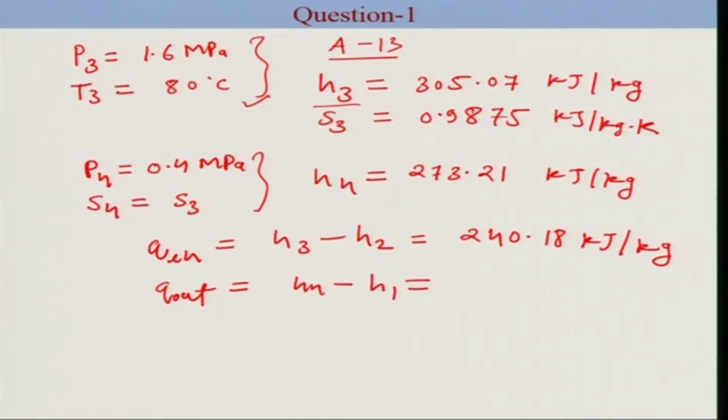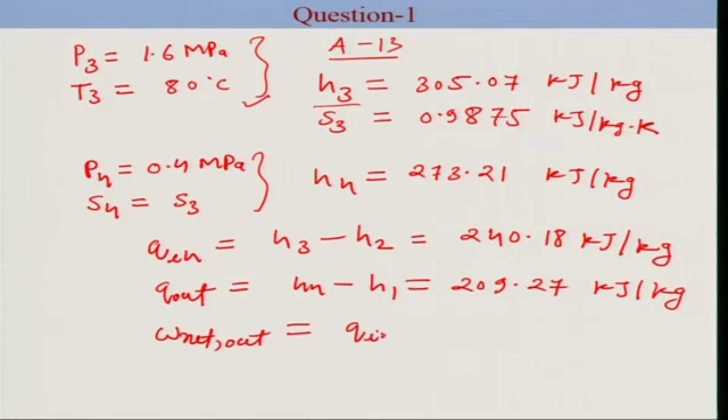So, we know H4 and H1. So, after plugging it we get 209.27 kilojoule per kg, right. So, now we can calculate net work coming out equal to Q in minus Q out, which will be equal to 30.91 kilojoule per kg.